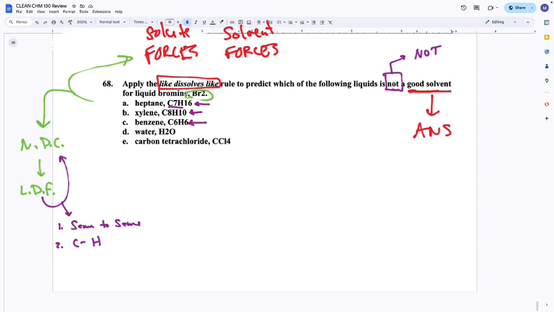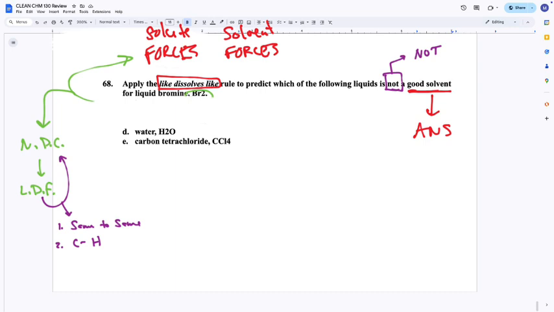If we're looking at "not a good solvent," what does that tell us right away? Those three are all wrong. So I went from not being able to choose between three different answers to now only having to choose between two answers. That's a pretty good win off of a simple fix to reading the question. But we now have a slightly more complex part of this.